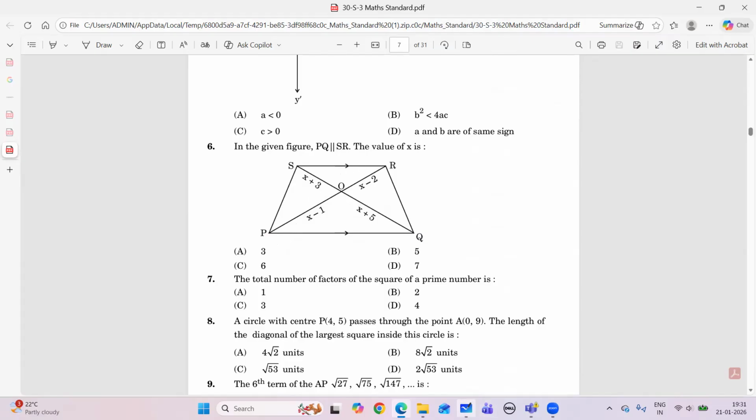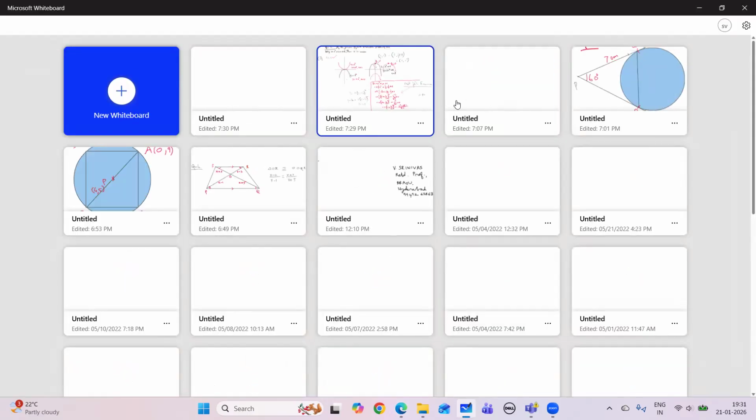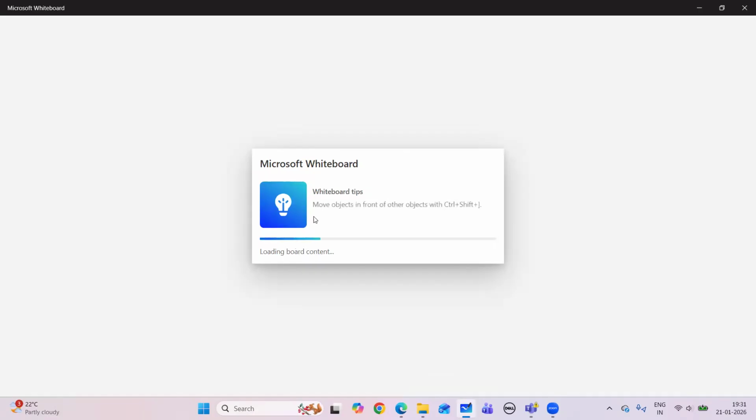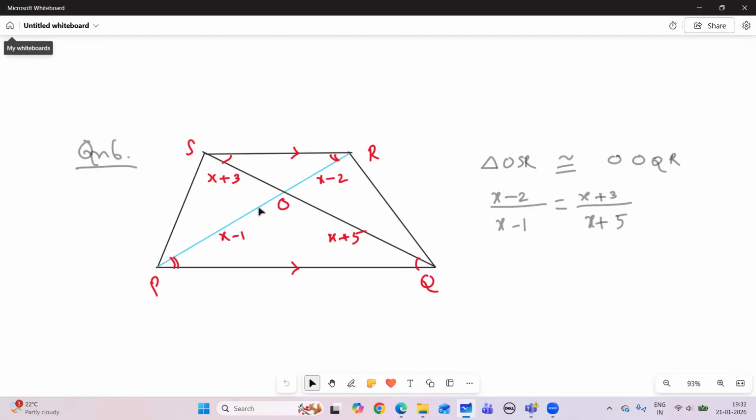Let us look at the picture. This angle is angle RSO, and this angle is angle OQP. These two are alternate interior angles. These two lines SR and PQ are parallel, therefore they become equal.